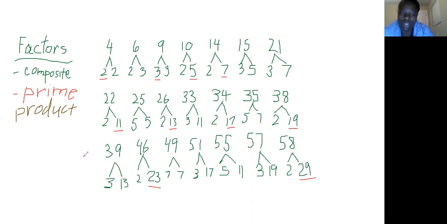Another thing I would like you to notice is that there are 2 other categories of numbers. A number can be considered even or odd. An even number is a number that ends in 0, 2, 4, 6, or 8.